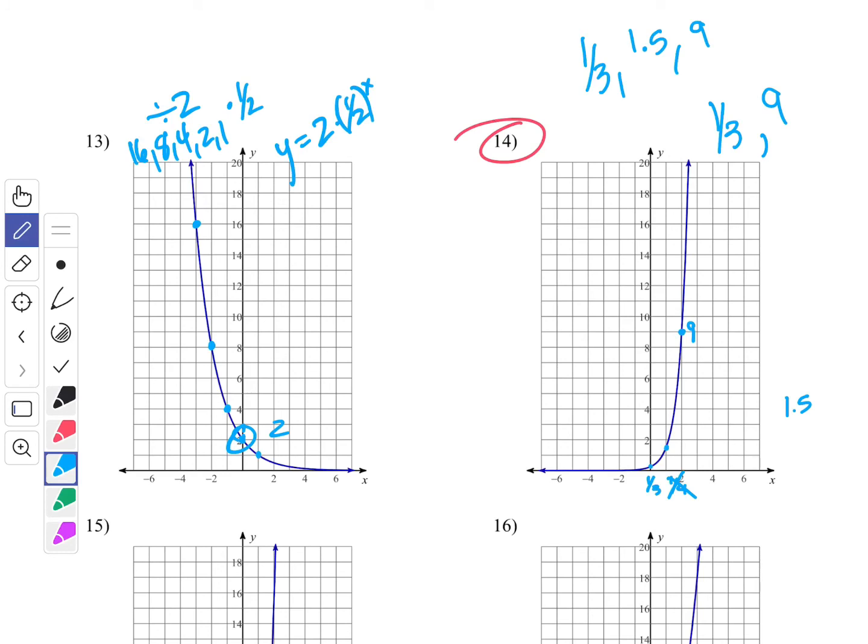That's a tricky one. So if you didn't know, you could just take that 9 and divide it by 1.5. So 9 divided by 1.5 is actually 6. So we're timesing by 6. So 1/3 times 6, that gives us 2.